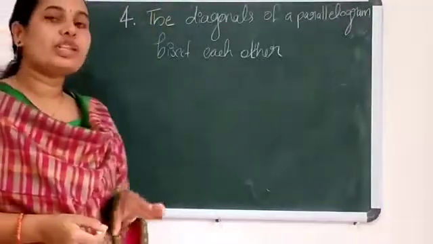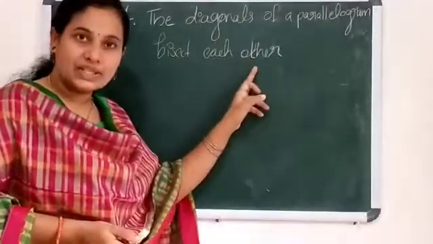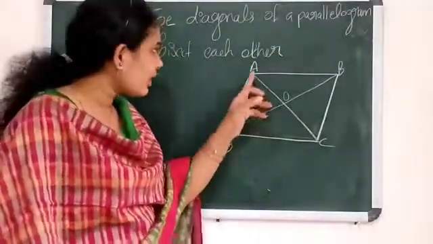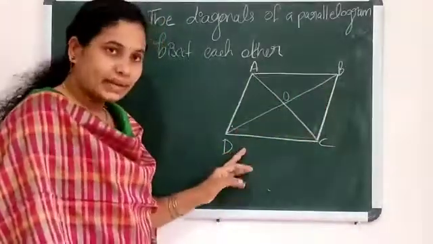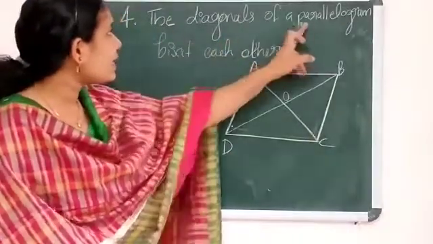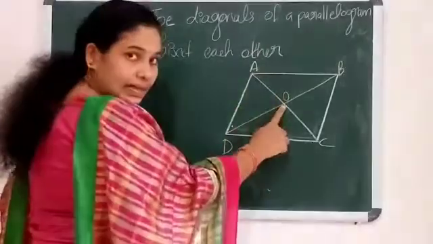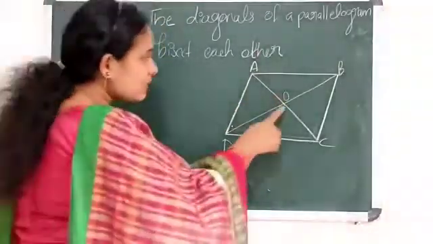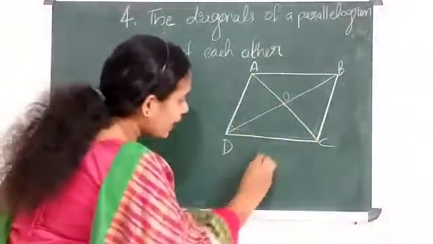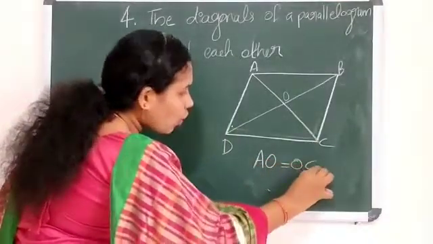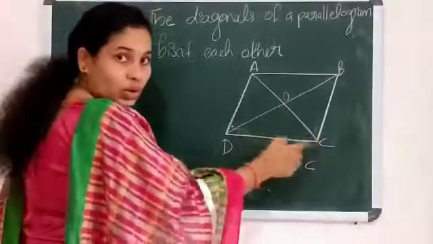Now we are moving to the fourth property of a parallelogram: the diagonals of a parallelogram bisect each other. Here you can see a parallelogram ABCD, and I have also drawn the two diagonals AC and BD. The property says that the diagonals of a parallelogram bisect each other. The point of intersection is O. So O is the midpoint of the diagonal AC, that is, AO equal to OC.